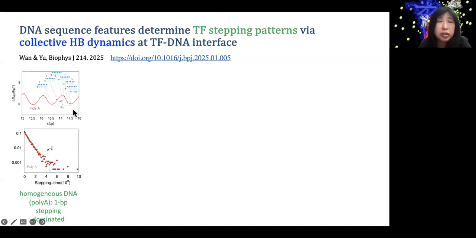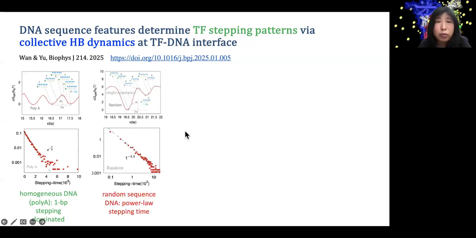If we do a homogeneous sequence, we can always locate the free energy minima of the diffusion profile separated by one base pair. If we do this stepping time statistic, you will see it is exponentially distributed, corresponding to a single time scale.